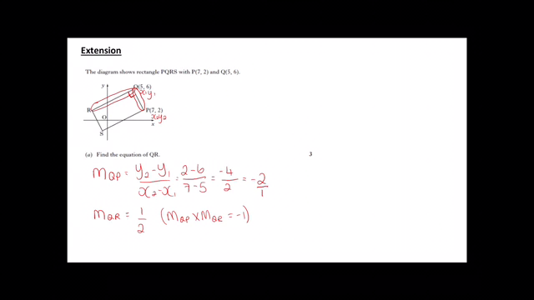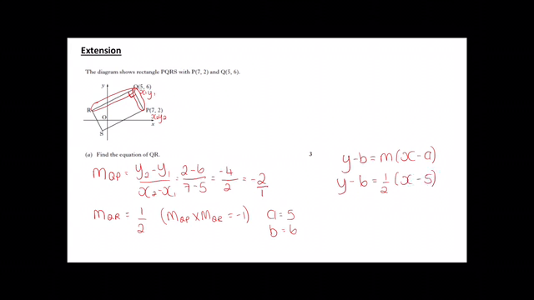If we refer back to the question, it's asking us to find the equation of QR, and we know the coordinates of Q. So we've got an a value of 5 and a b value of 6. We can then substitute this into our y minus b equals m(x minus a) formula to find the equation of QR. So we're going to have y minus 6 equals a half (x minus 5).